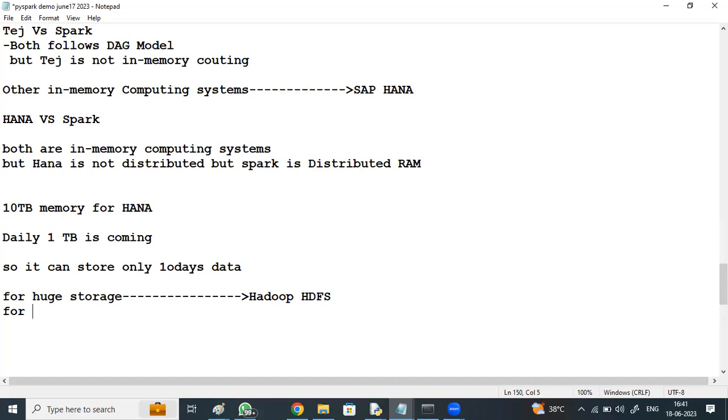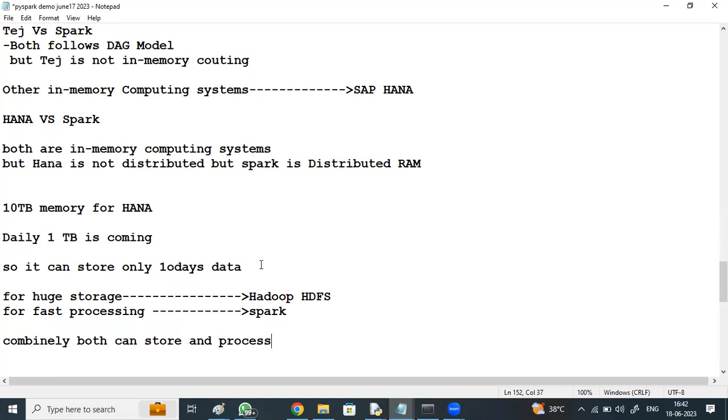And for fast processing, we go for Spark. For huge storage, Hadoop HDFS, and for fast processing, Spark. Combinedly both can store and process.